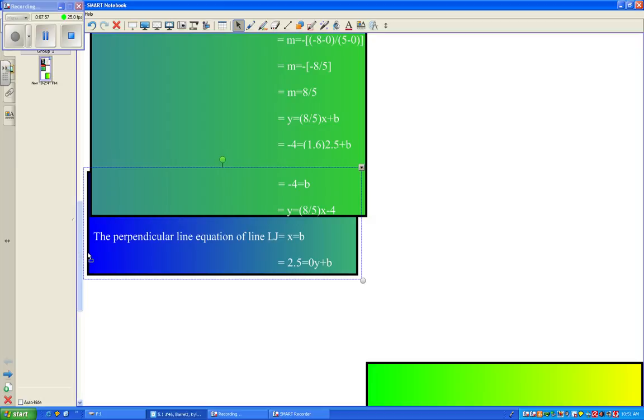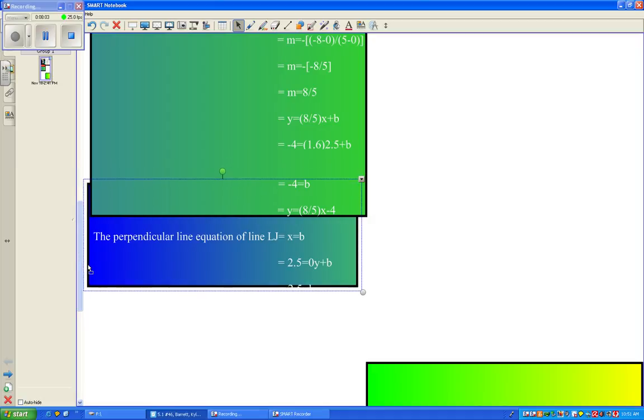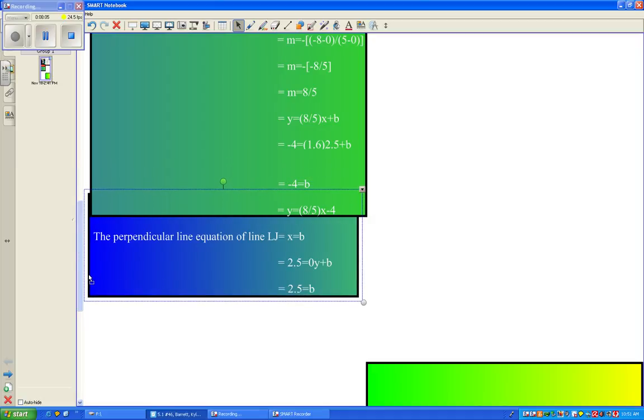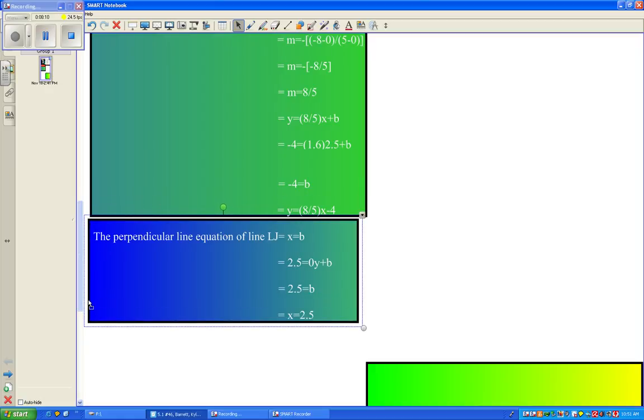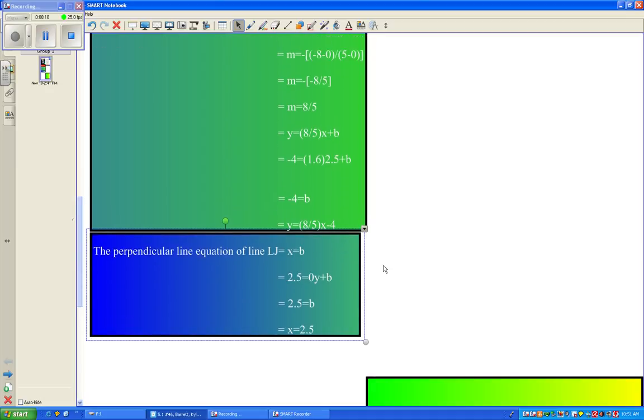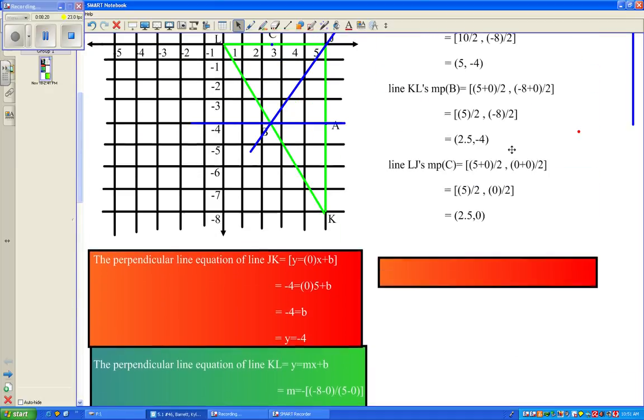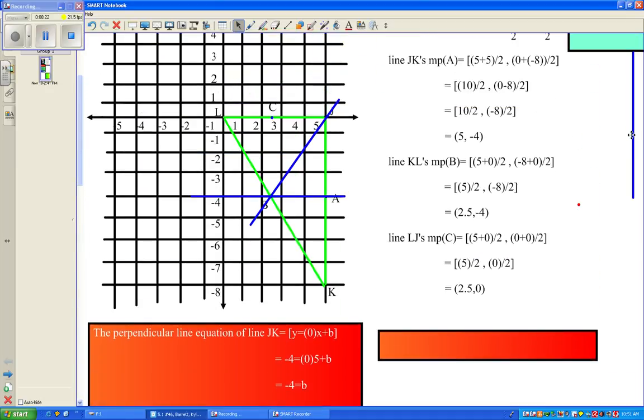And so that's going to equal 2.5 equals b. And so the equation is x equals 2.5. It's going to be a straight up and down line, a vertical line, and to graph that, we're going to grab a line. This is what this looks like.